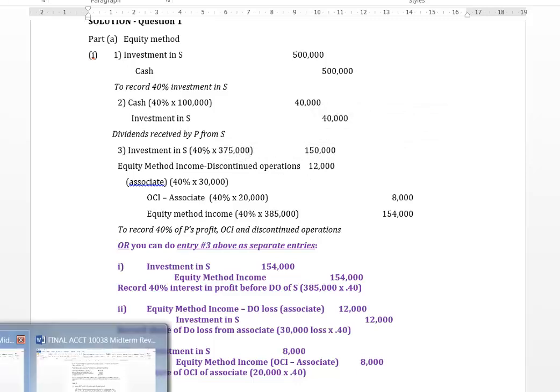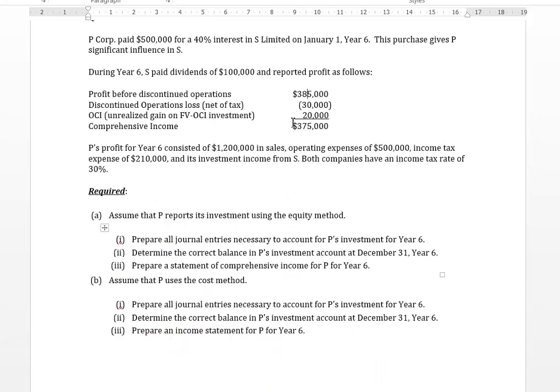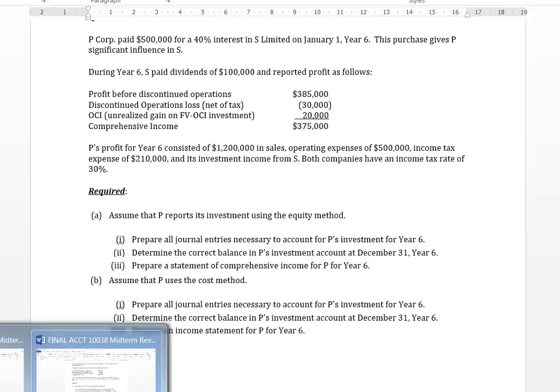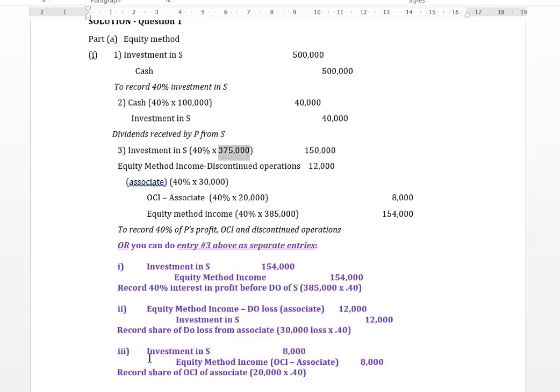You had that right here. So all that journal entry does is it breaks up amongst all of these 4 items how we calculate the investment account, what I would call one big compound entry.